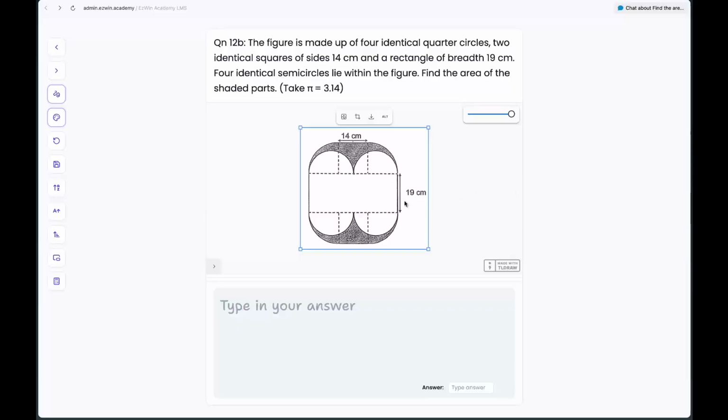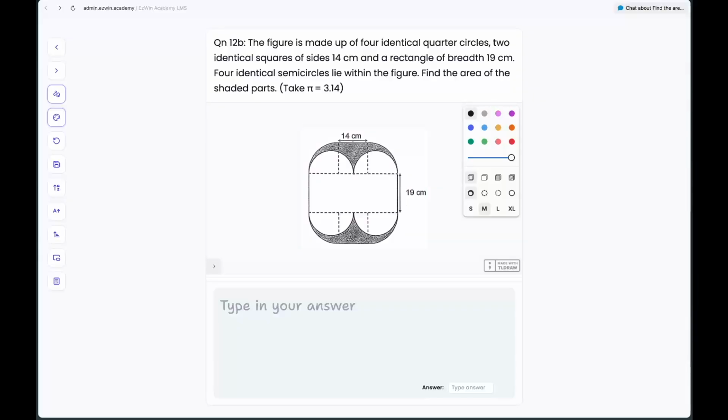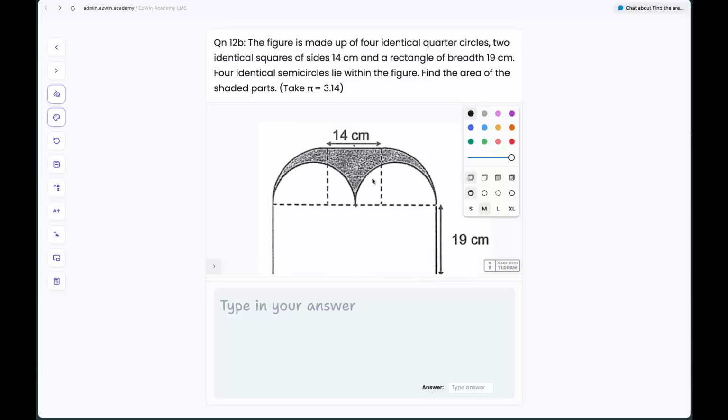So pi is 3.14. So to get the area of the shaded part, we need to first get this whole, I would say, thing. What do I mean by this whole thing? We get 1 quarter circle, and then we have another quarter circle, what we see over here. And then lastly, we have another square.